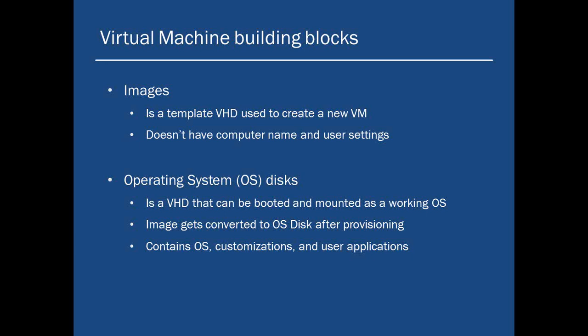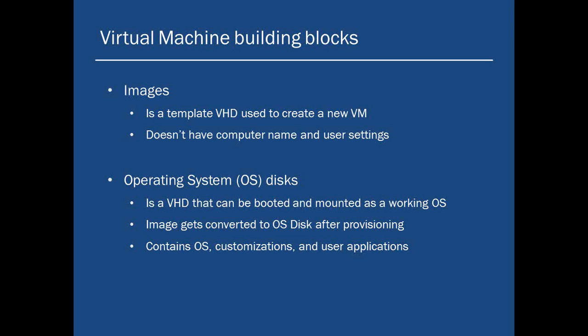While the VM gets created, the image that you have gets converted into an OS disk. So the image that you have used here, while you provision it as a virtual machine, gets converted into an operating system disk.